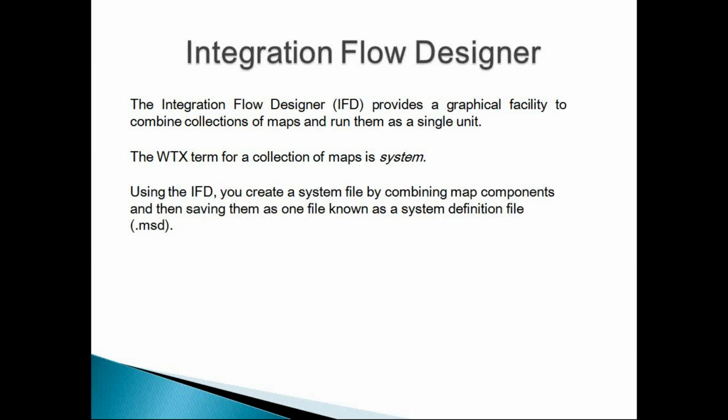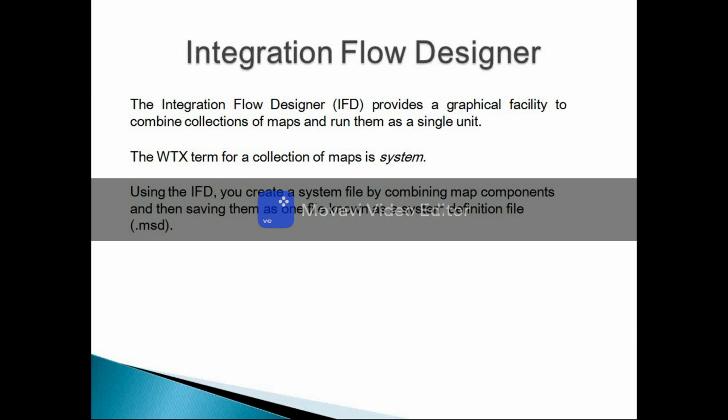From there the second map will pick that file and process it. It's like a combination of maps. As well as that, we can develop and deploy the map. Using this, we call a collection of maps a system.